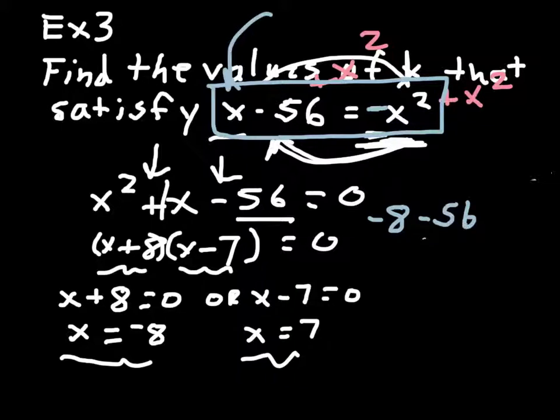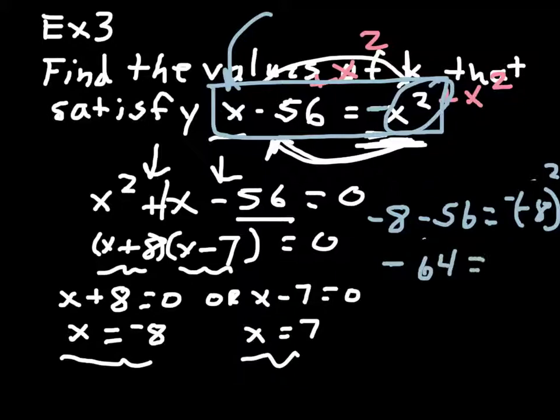We're going to see if that's equal to the opposite of a negative 8 squared. Remember, whatever x is, you're squaring. So let's see, over on the left side I have a negative 64. What do I have on the right side? Let's see, a negative 8 squared is 64. What's the opposite of 64? Negative 64. Notice that both of these check out. I do have two solutions.